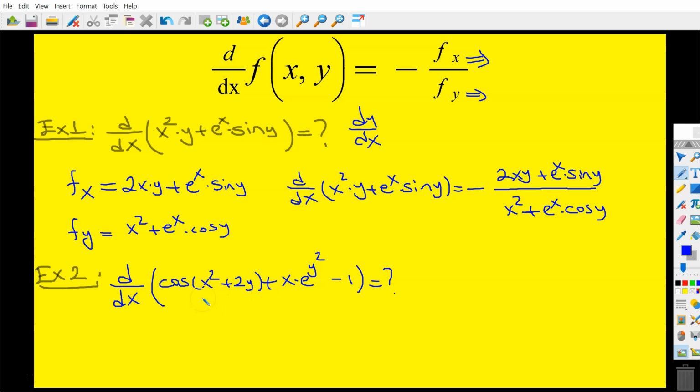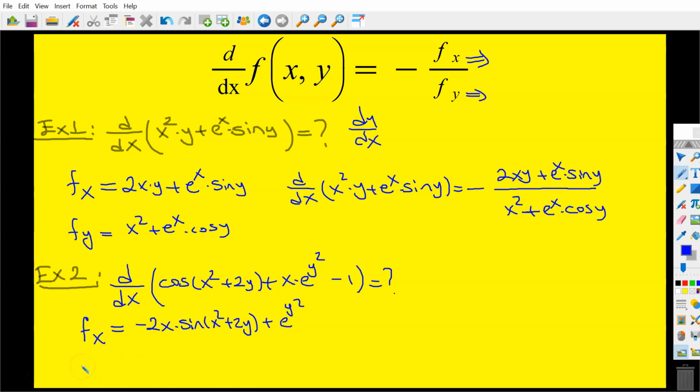In the second problem, we have this function: cosine of x squared plus 2y, plus x times e to the power of y squared, minus 1. Let's figure out f prime x. So f prime x will be negative 2x times sine of x squared plus 2y, plus e to the power of y squared.